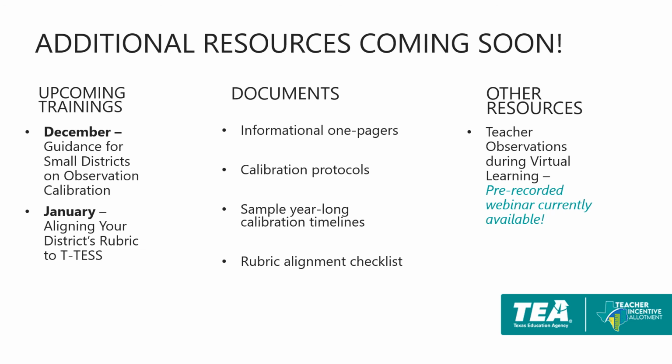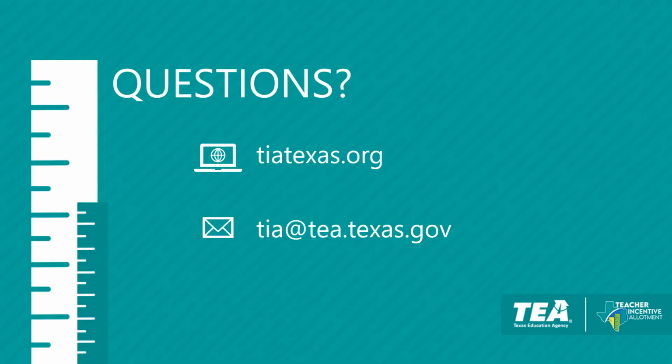We'll also post a few documents over the next couple of months, including informational one-pagers, calibration protocols, sample year-long calibration timelines, and a rubric alignment checklist. Currently on our website, you can find a recorded webinar with guidance on teacher observations during virtual learning. We encourage you to check it out.